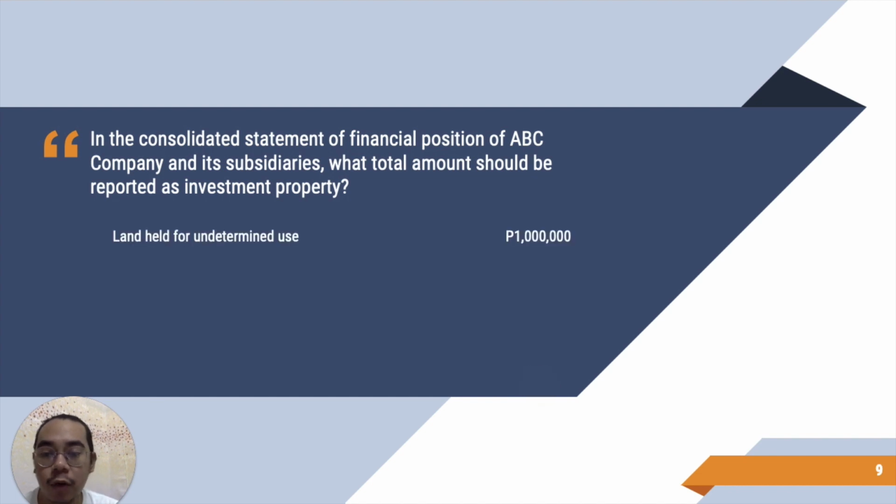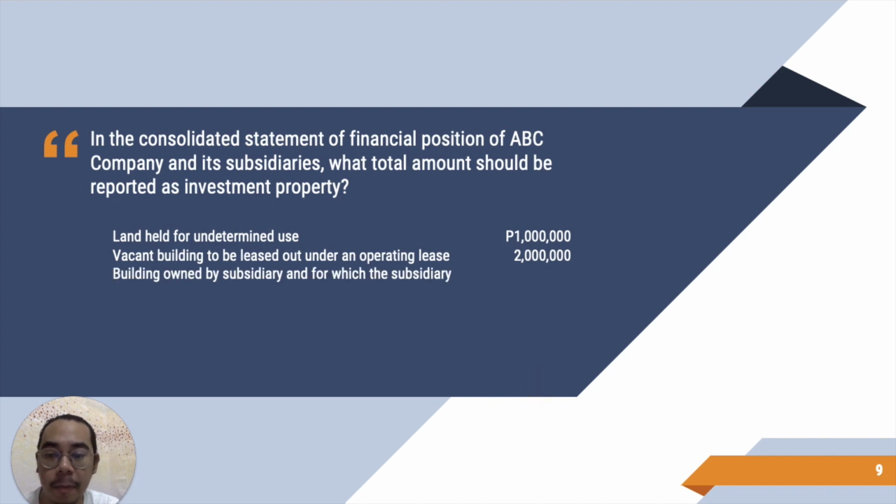Una, yung land held for undetermined use, that's 1 million. Second, yung vacant building to be leased out under an operating lease, 2 million pesos. Also, as investment property, yung building owned by subsidiary and for which the subsidiary provides security and maintenance services to the lessees. Hindi to intercompany kasi yung lessee ibang tao.